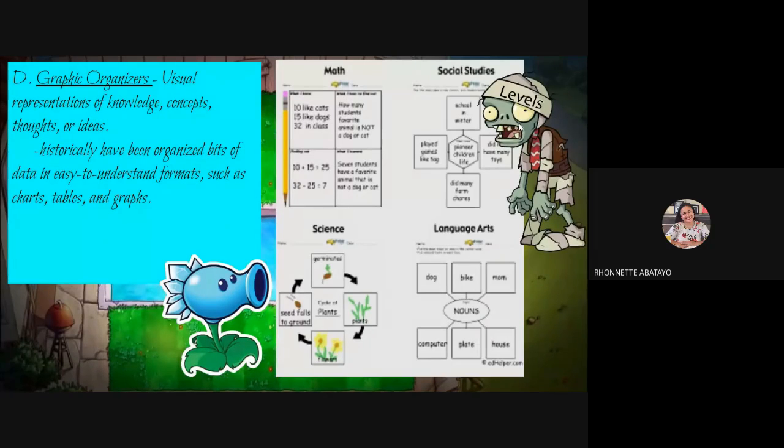How about this? Graphic organizers. We use graphic organizers as a representation of visuals and concepts. Historically, they were organized to make the graphic organizer one of the best teaching principles that we can use in our classroom.